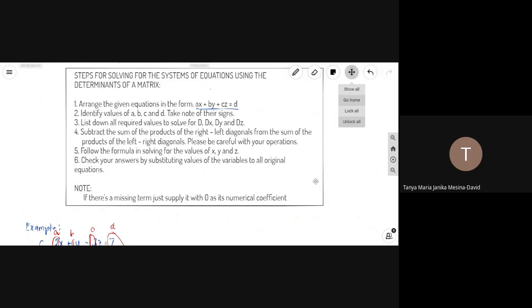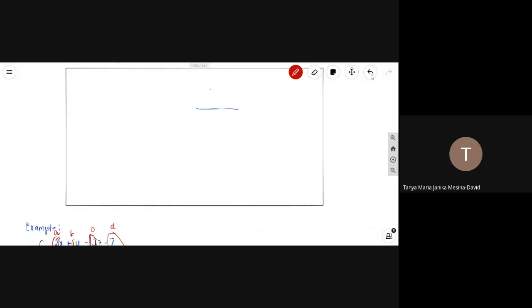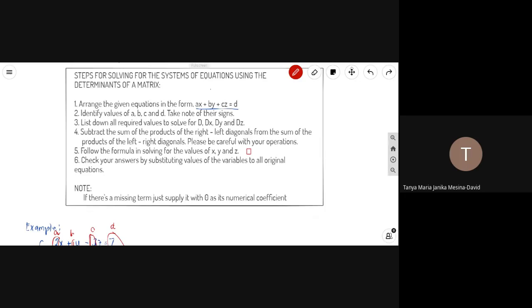I will write it here. x is equal to dx over d, y is equal to dy over d, and z is equal to dz over d. Meaning, after we have solved for all the determinants, in order to get x, y, z, we have to divide determinant of x by d, determinant of y by d, and determinant of z by d.